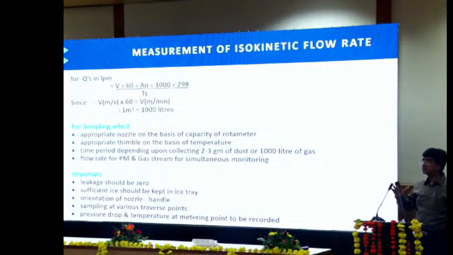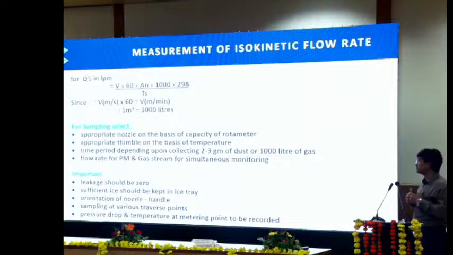Suppose the dust concentration is high. Can you do the monitoring for 40 minutes? Yes or no? No. Because if you do the monitoring for 40 minutes, your thimble is likely to get choked much faster and probably will not be able to collect the sample.